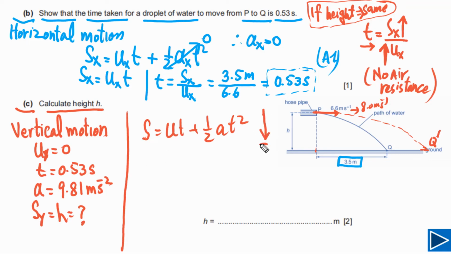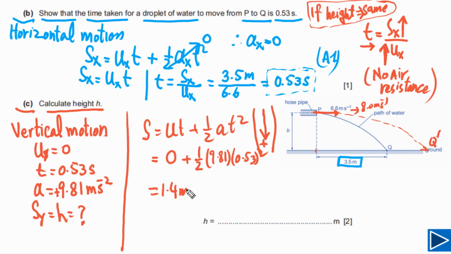Now we will take downwards as positive. If we take downward positive, acceleration is positive and the displacement also will be positive. U is equal to 0, so this is equal to 0 plus 1/2, a is equal to 9.81 and time is 0.53. If you do this calculation, our final answer will be 1.4 meters.